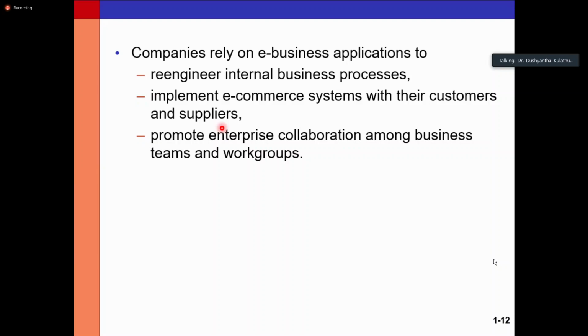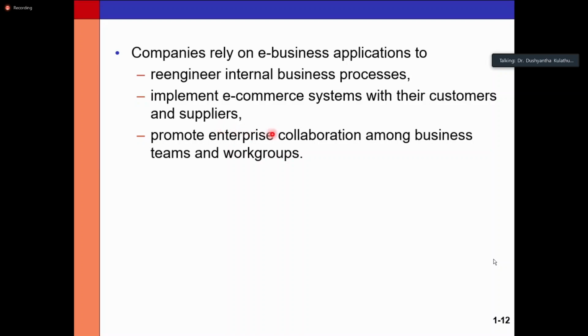For both cases, we can utilize e-commerce systems. We purchase from suppliers and we sell to our customers. To facilitate those transactions, we can rely on e-commerce systems. So the introduction of e-commerce systems can be part of the business applications that we introduce into our organization.